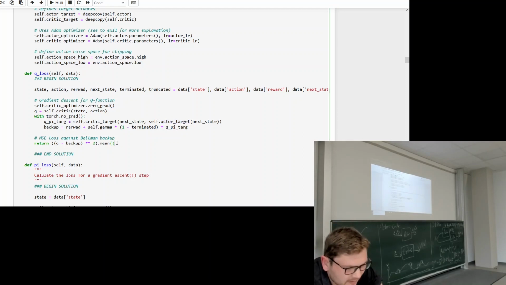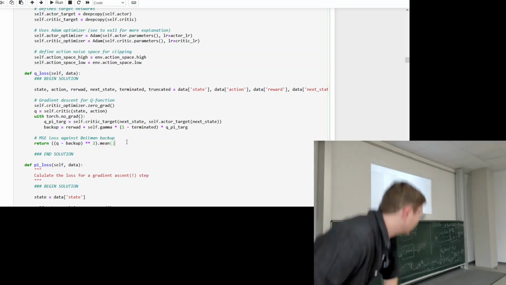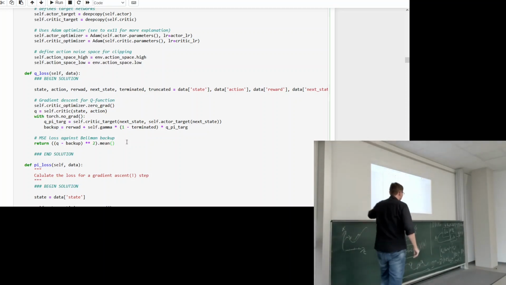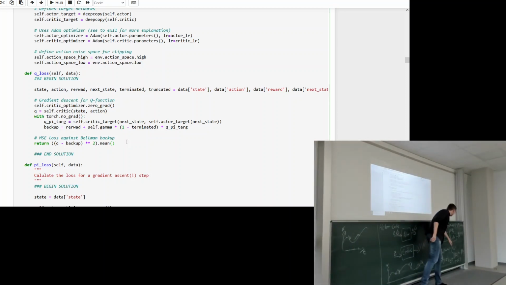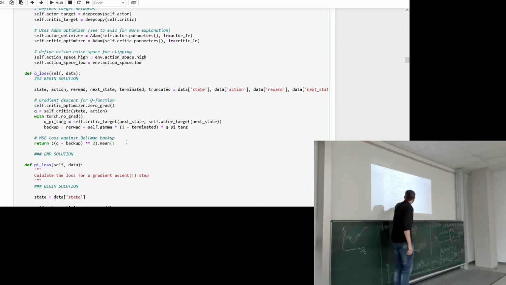Yeah, and then here we have the actual function that we want to minimize or optimize. And as I already said, it's the same as what we have here, just that I didn't consider this part here.